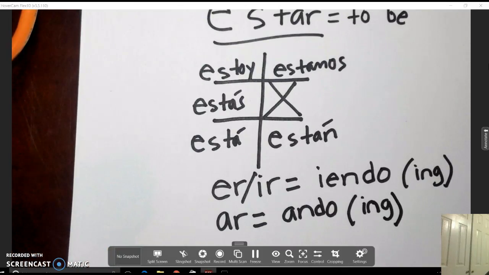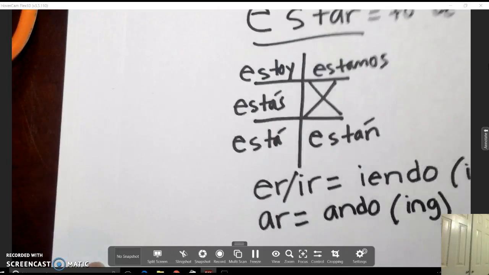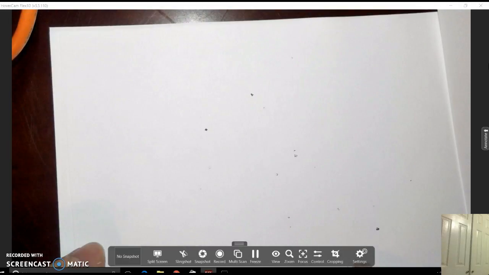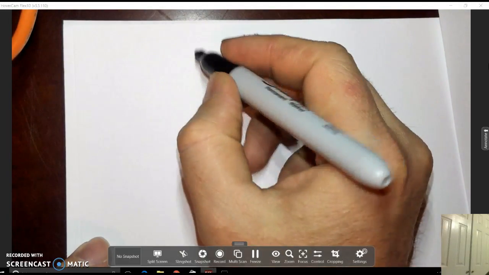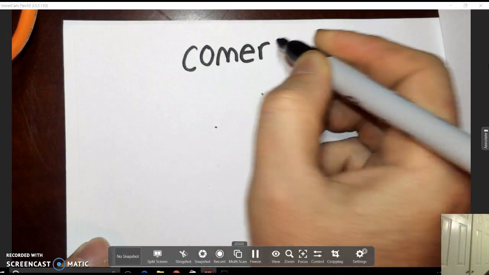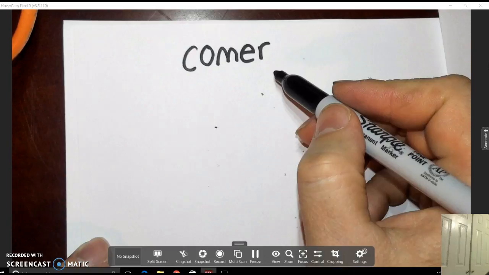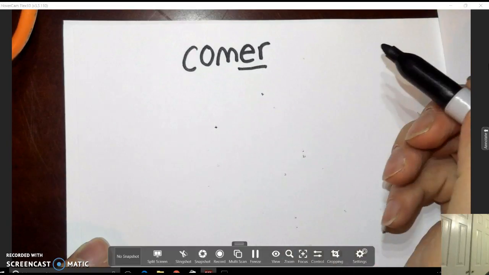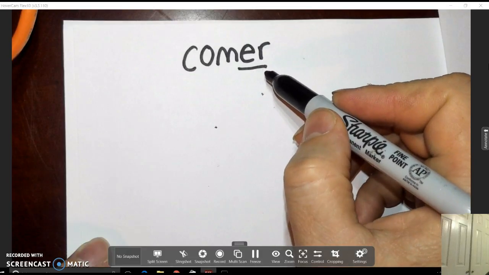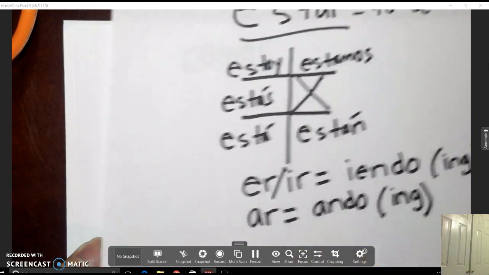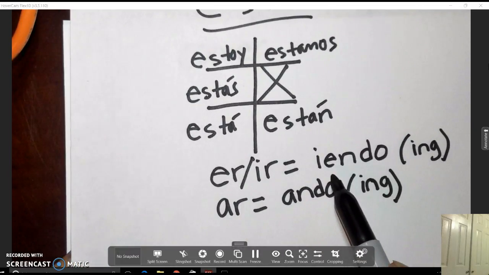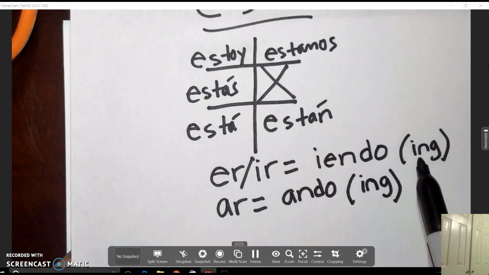So let's give some examples. Let's go with the verb comer. First thing that you want to ask yourself is, what kind of verb is this one? Well, we know by the ending. It ends with an ER, so it's an ER verb. And if you recall, we said that the ER IR verbs get IENDO for the ing.